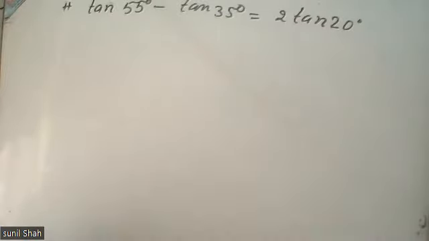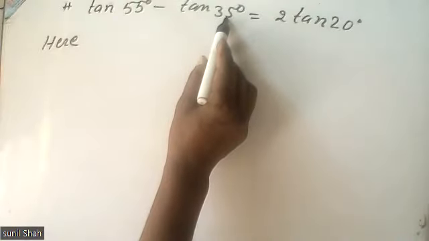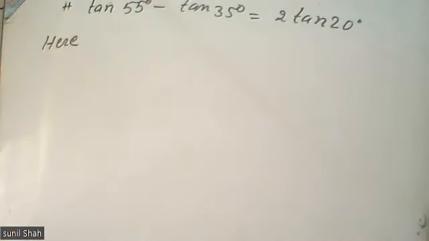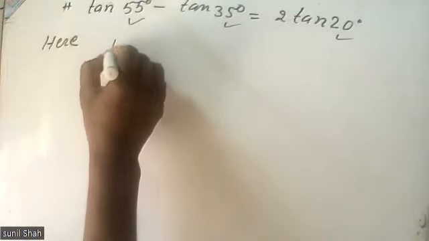Prove that. Here we can see the relation between this and this and this. So 55 minus 35 is 20 degree. So these three angles are correlated. So this minus this is this. So we write according to that.